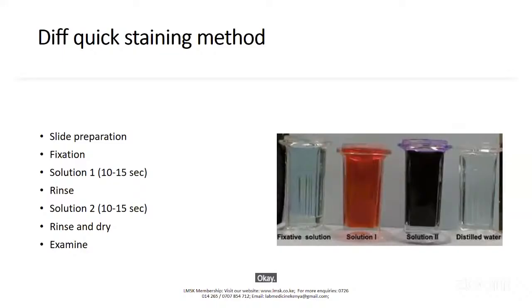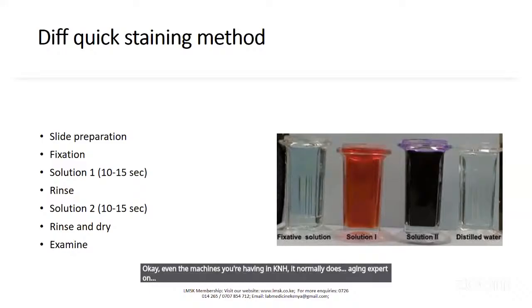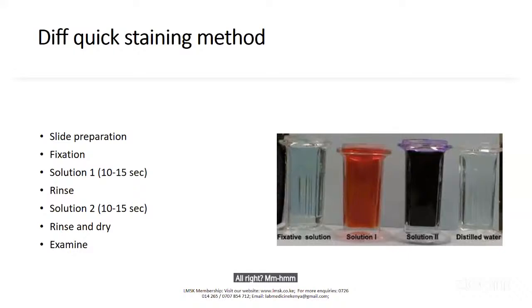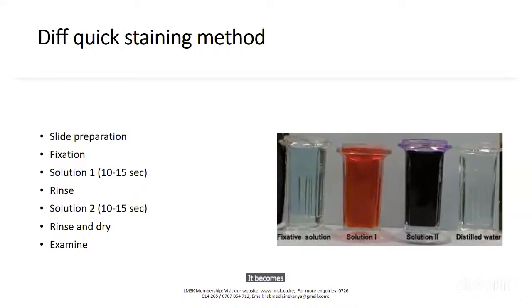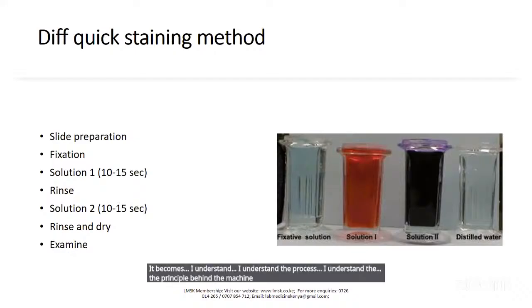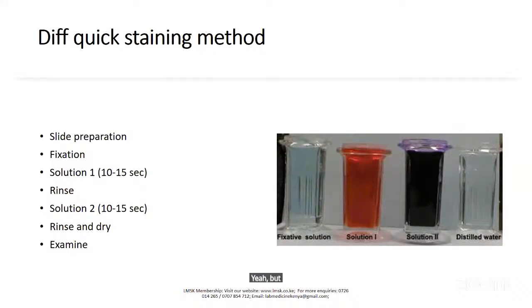Okay, even the machines you're having in KNH, it normally does GeneXpert on fluids or FNAs. But when it's a tissue, a day I was trying to tell my colleague, why don't you crush the tissue? I understand the principle behind the machine for GeneXpert. But do you end up doing the GeneXpert on tissues?